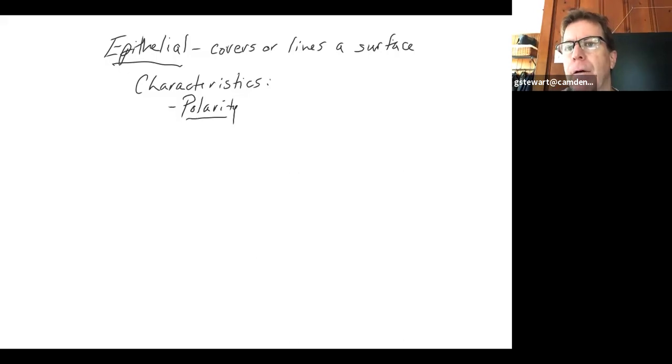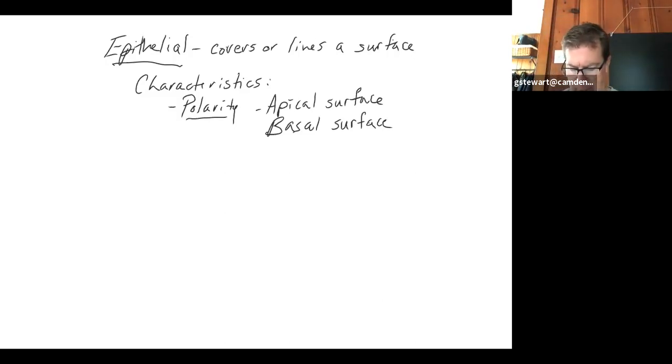And so we say that epithelial tissues have an apical surface that usually faces the outside of the tissue, and a basal surface that's what anchors the epithelial tissue to deeper tissues. So this is exposed to the outside air somehow, to the environment, and this one is attached to deeper tissues. So the environments are different on this side and this side. That's what the word polarity means.